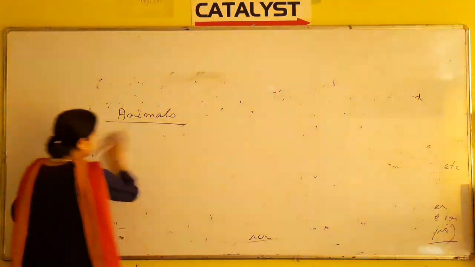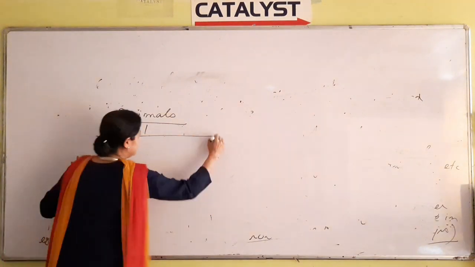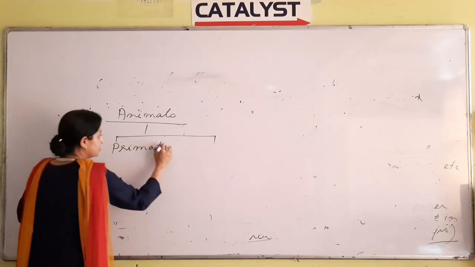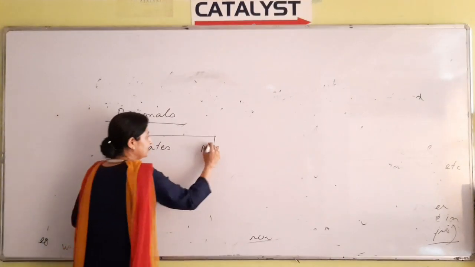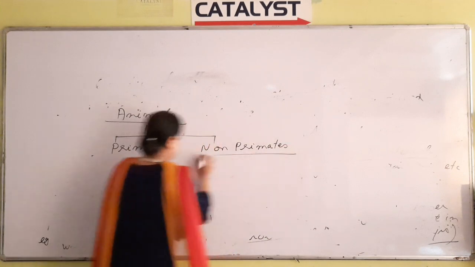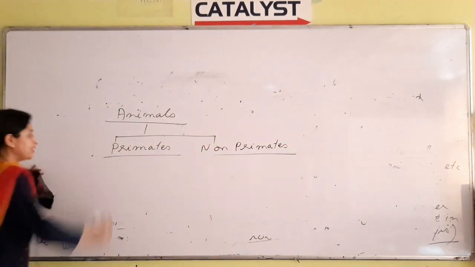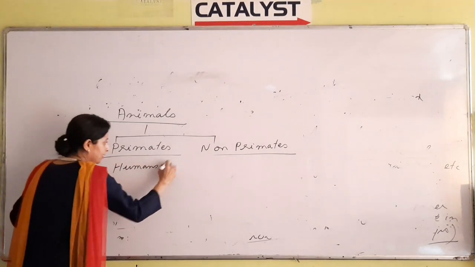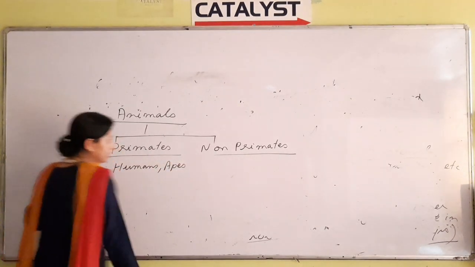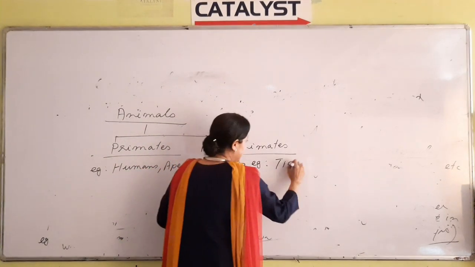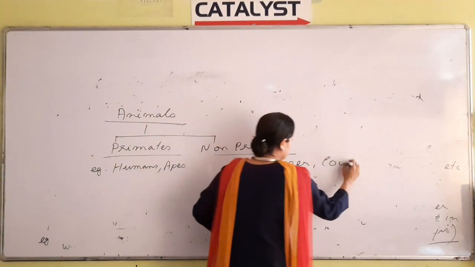Animals have been divided into primates and non-primates, right? Zoology will talk about it in detail. Primates and non-primates, examples: you know, humans, apes, these are primates. Non-primates examples? Yeah, tiger, cow, dog, etc.